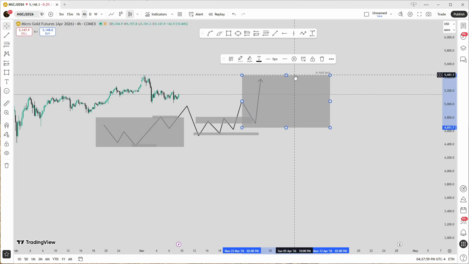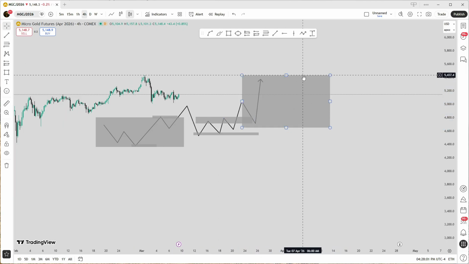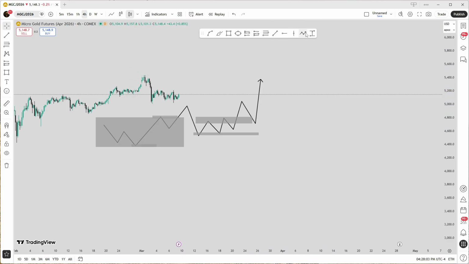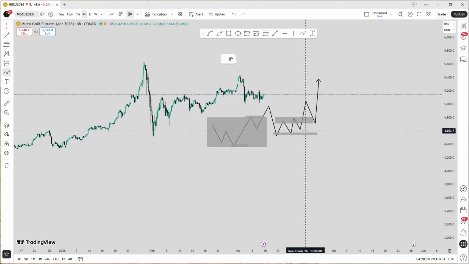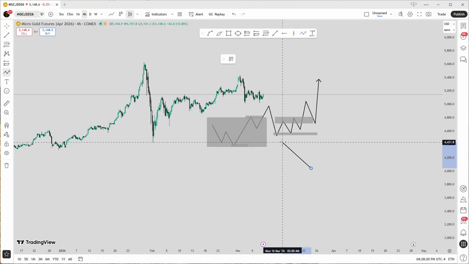This is more predictable, because if the market creates a higher high, then creates a higher low, the probability of it creating a higher high is very high. This here is unpredictable: a low, a high, equal low, equal high.